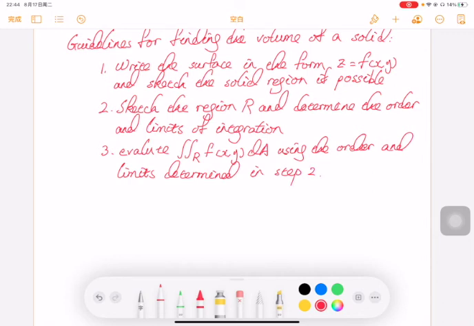So this is the general guideline. You have 3 steps. First, write out the equation of the surface, and then sketch region R, determine the order and limits, and then finally evaluate the double integral.